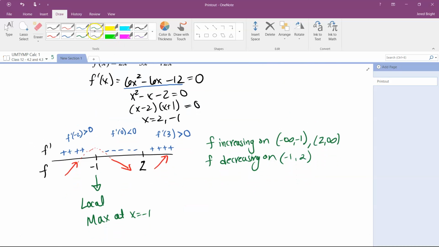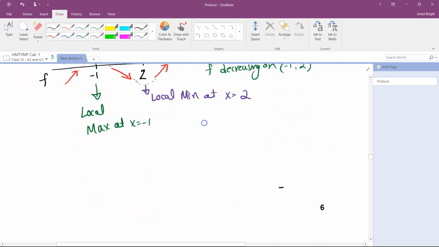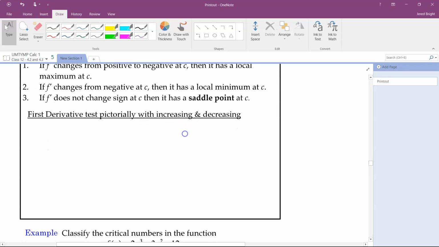Okay, and so here we have that change from a negative to a positive, and you can see it in the graph, and so here we would just have a local min at x is equal to 2. I would actually need to substitute 2 and -1 into the function to find the value, so I should do that.